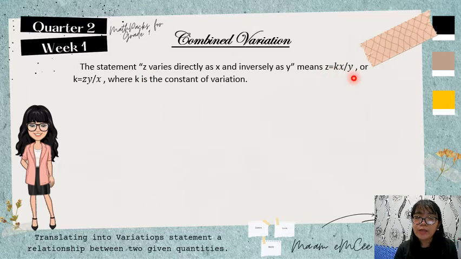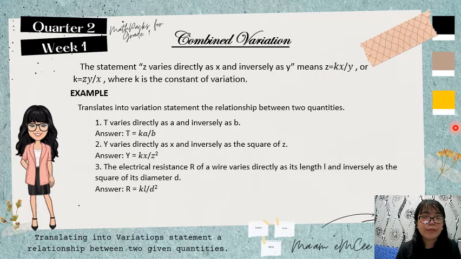And then in the denominator will be our third variable which is inversely proportional to our first variable. So this is our z on the left side. Our x will be in the numerator together with the constant of variation, and in the denominator we have our third variable.